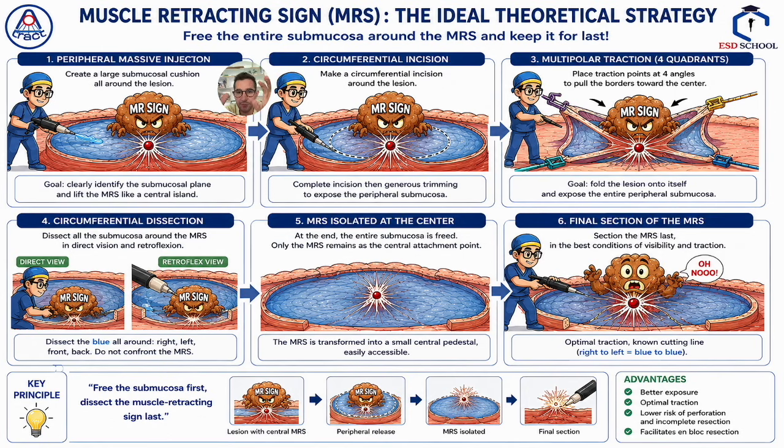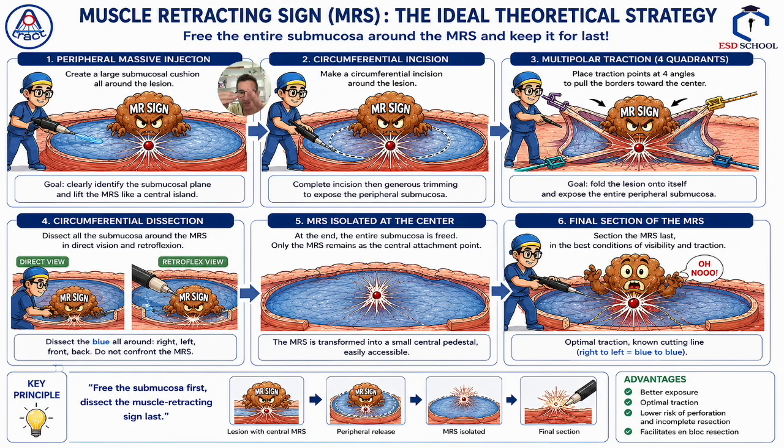So I will probably damage the muscle at the middle, okay, because traction will pull the muscle, but it's at the end of the procedure, and by damaging the muscle at the middle, I will not damage the specimen. What we want is to be R0, because if there is cancer, it is probably at the middle also, where the submucosa is totally destroyed or disappeared.